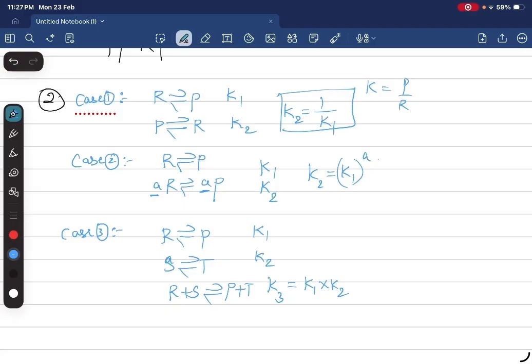K1 is nothing but P by R. K2 is nothing but T by S. And now K3 you can write as K1 into K2, so P by R into T by S. So what is K3 from this? Products by reactants, right? Which is the same as this one.